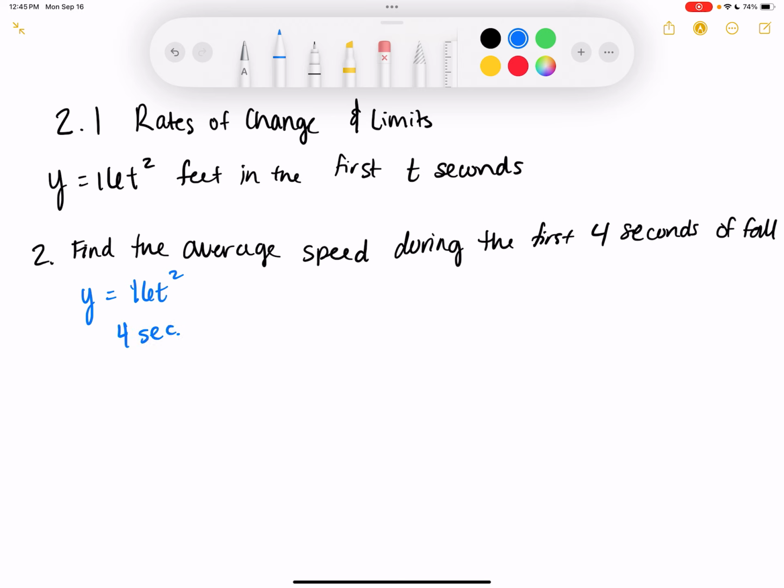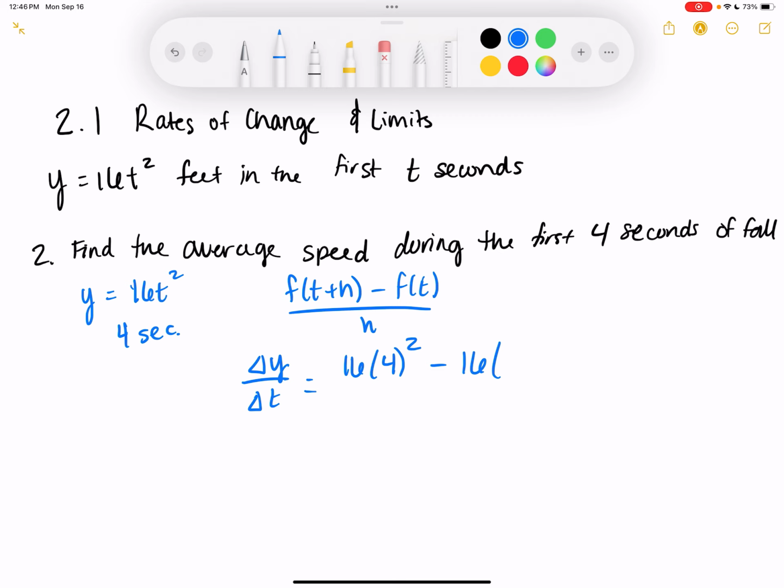So our formula is f of t plus h minus f of t all over h. So delta y over delta t equals, filling it in, 16 times 4 plus 0, so 4, and that piece is being squared because this formula was being squared, minus 16 times t, which is 0, squared, over 4.